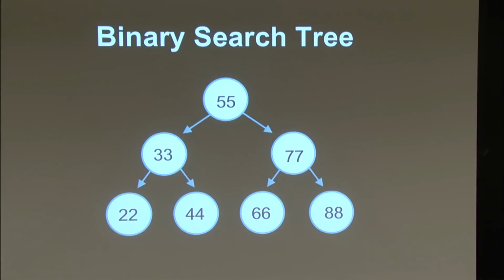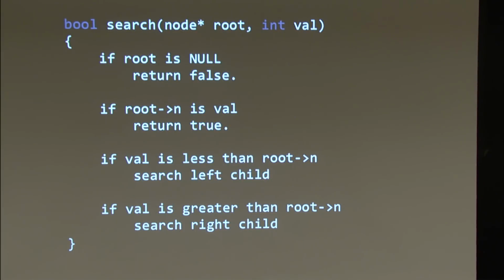So, binary search tree. If we notice, everything immediately to the right is greater than the node, and everything to the left is less than. So if we were to search through it, it should look very close to binary search, right?